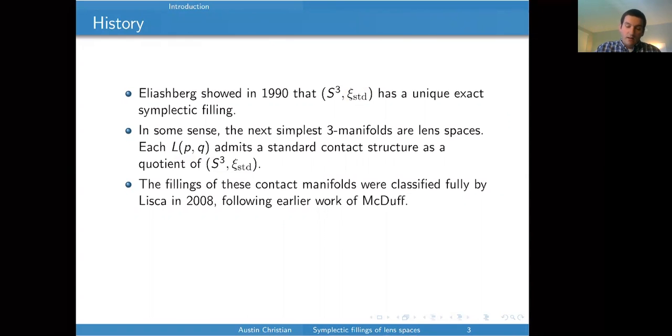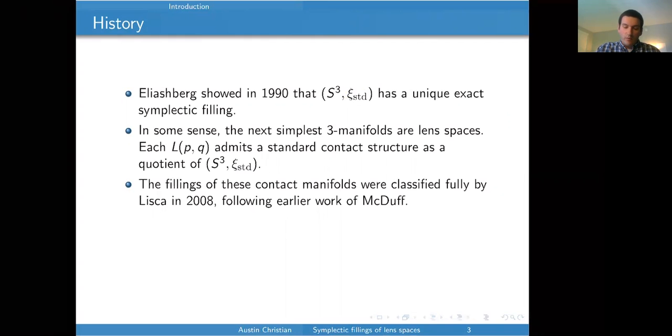So in 2008, Lisca gave a full classification, up to diffeomorphism, of the symplectic fillings of the standard contact structures on lens spaces. Once again, this classification is probably up to something a little more than diffeomorphism, though it is typically stated just as up to diffeomorphism.